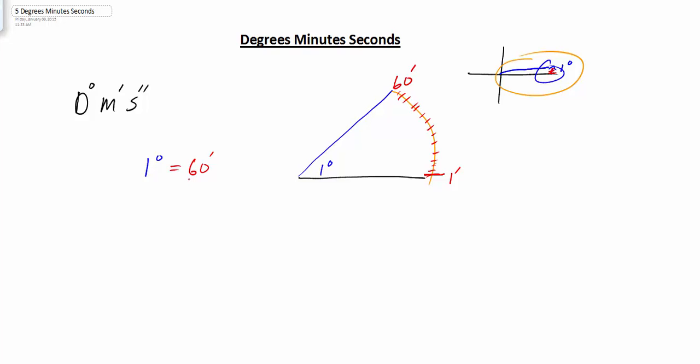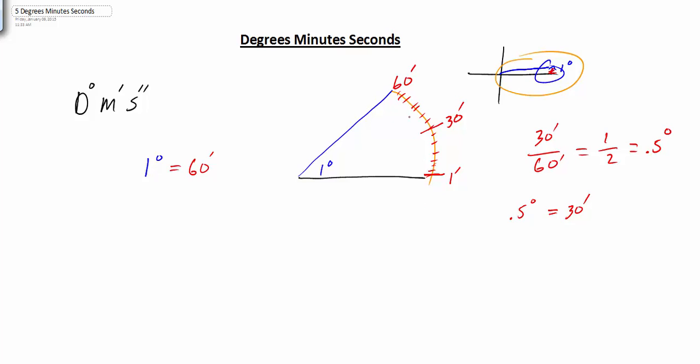If we look right here in the middle, that is 30 minutes out of a total of 60 minutes, which is equal to 1/2, or simply 0.5 degrees. So half of a degree is equal to 30 minutes.